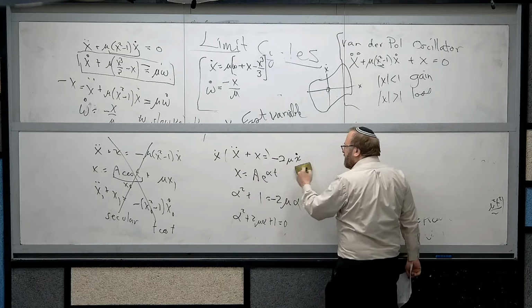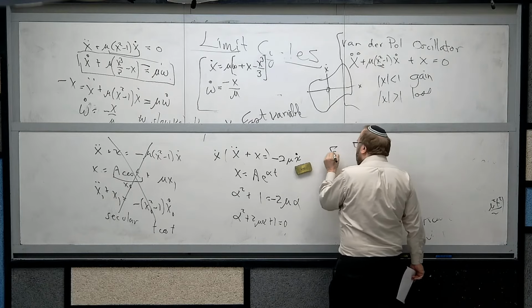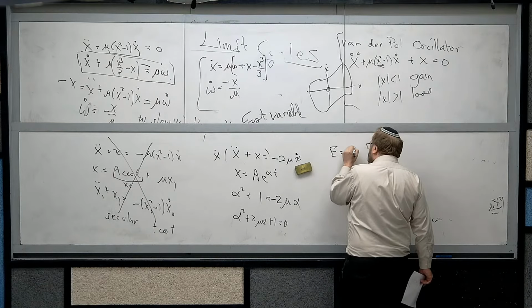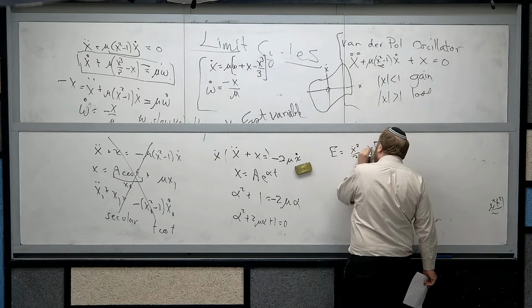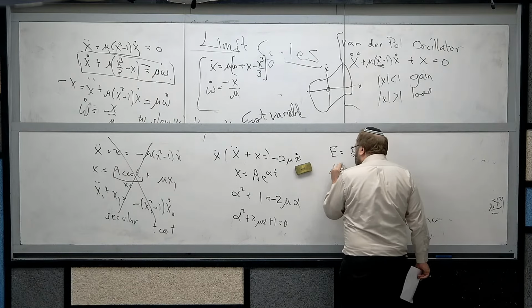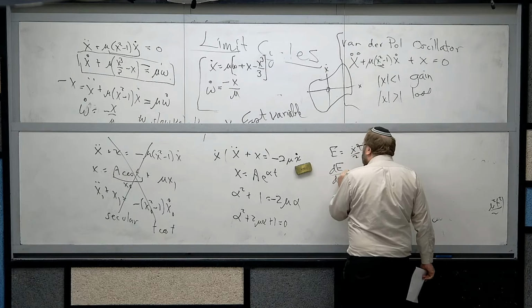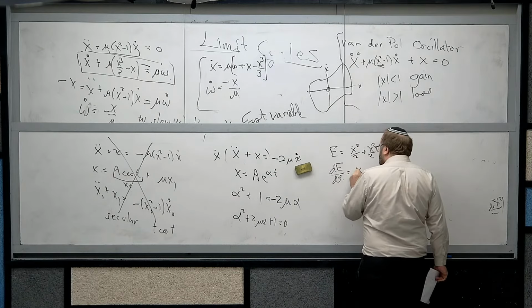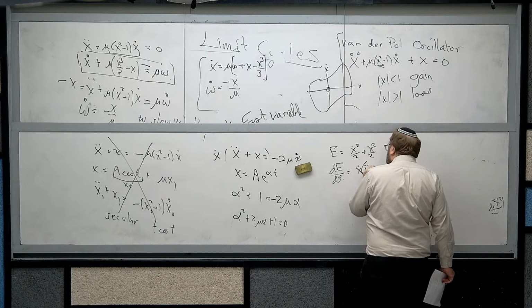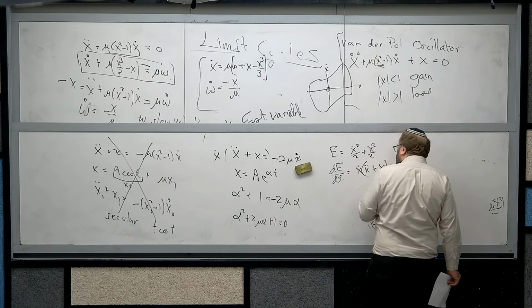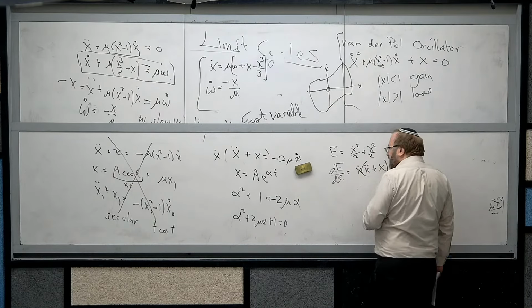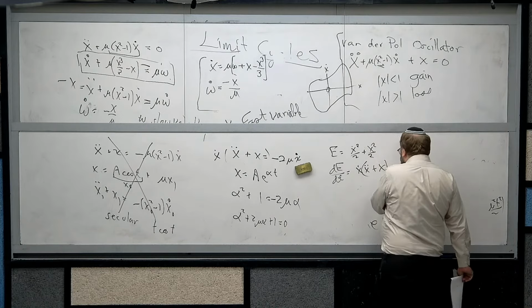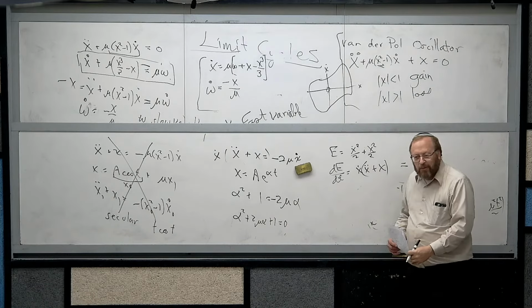We would define energy as x dot squared over 2 plus x squared over 2, and dE dt would have been x dot times x double dot plus x, but x double dot plus x is 0, and we would have gotten 0 for our regular harmonic oscillator.